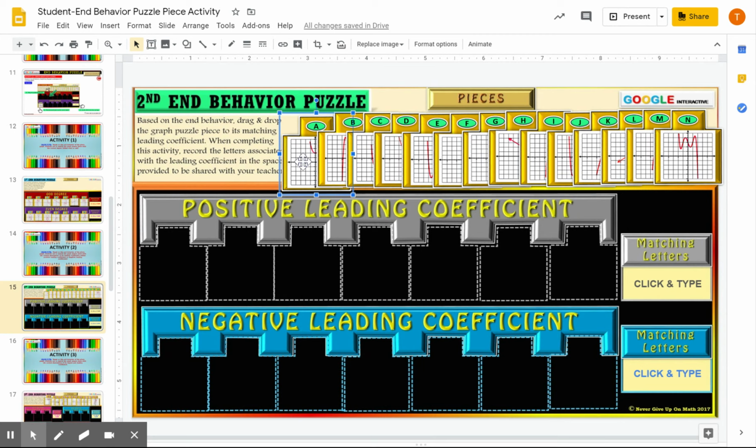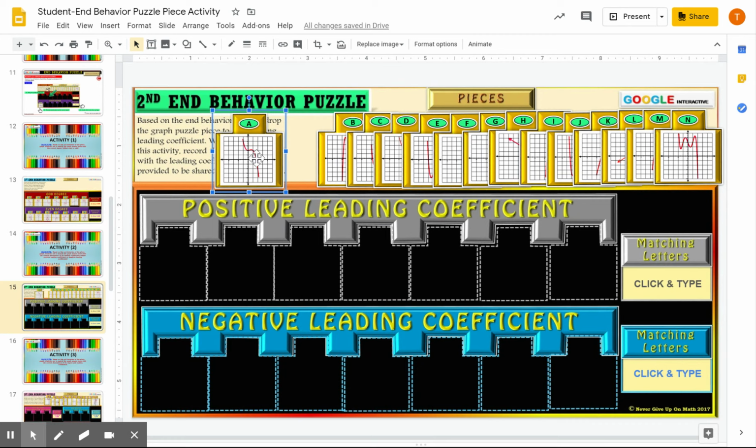If it's going down, it's going to be negative. If it's going up, it's going to be positive. I'll repeat that. We're going to look at the right side of the graph. If it is going down, we are going to put that with negative. But if it goes up toward positive infinity on the y-axis, we're going to put that in the positive.